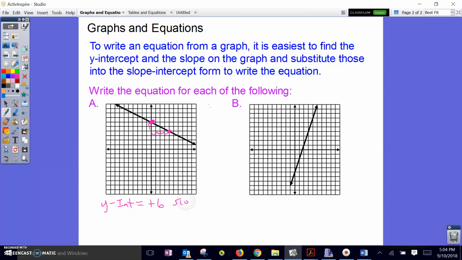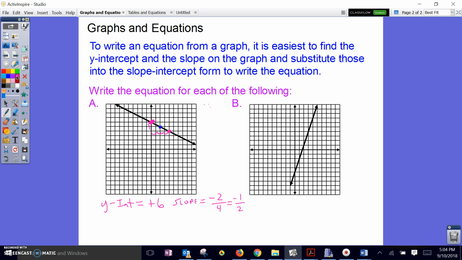So the slope is going to be a rise of -2 with a run of 4, and I can actually reduce this to get a slope of -1/2, which is exactly what I would have gotten if I had picked this point instead. And you see that the line goes straight through the coordinate grid at that point as well.